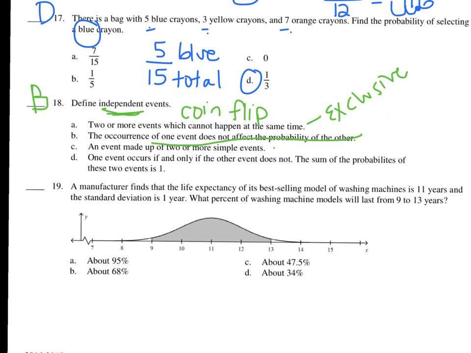All right, number 19. We have a normal curve. You should recognize that bell curve shape is a normal distribution. So we want the percent of washing machines, that's what we're looking at the normal curve for. We want the percent that's going to last between 9 and 13 years. So between 9 and 13 years, we need the percentage that falls between those two numbers.